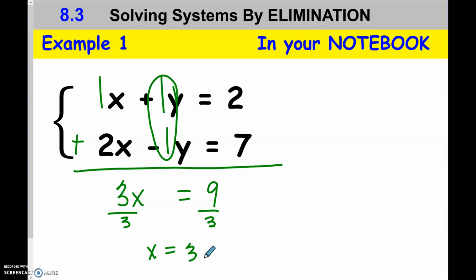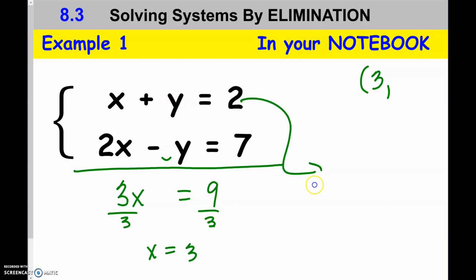Just like in graphing and substitution, we can get an ordered pair, and so we get 3. Now we need to find that y value. It's going to be a little bit more difficult here in these problems than it was in the other ones. Now we can plug that 3 back into either equation, either the first one or the second one.